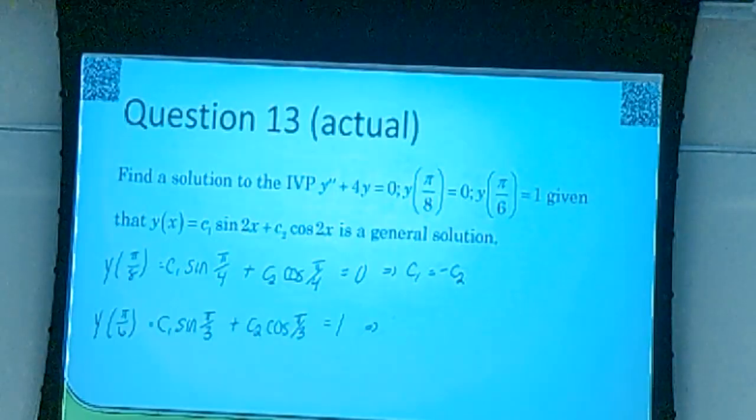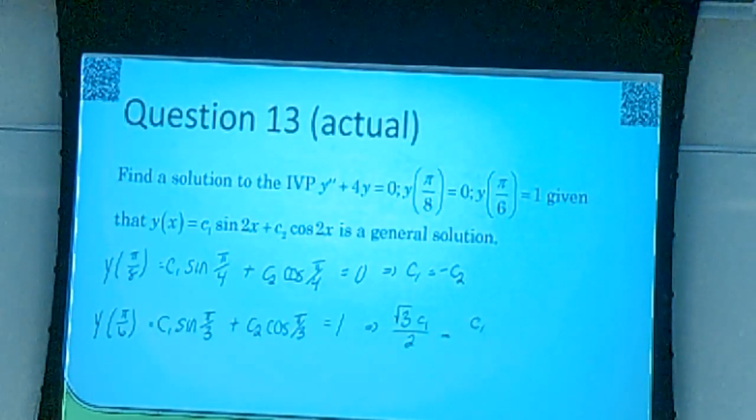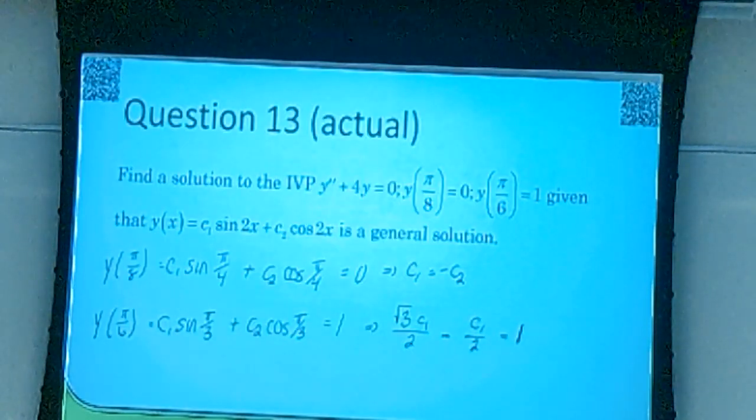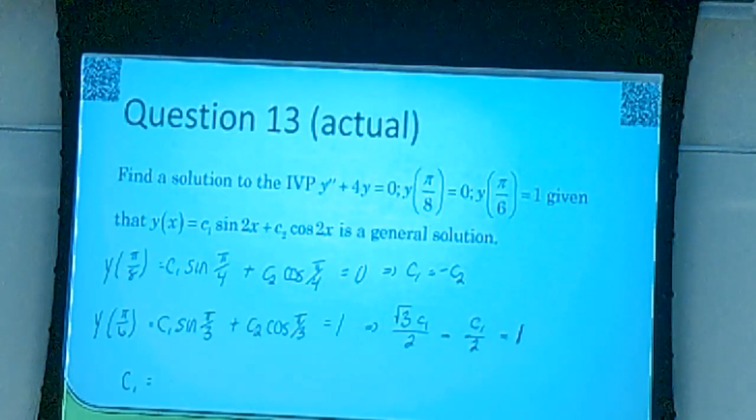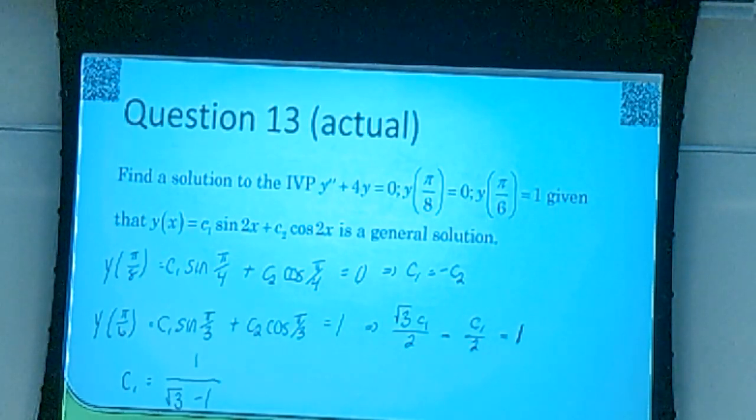That's root 3 over 2. Right, sine, we said pi over 3 was root 3 over 2, cosine is 1/2. Solve for C1. Over 3 minus 1.